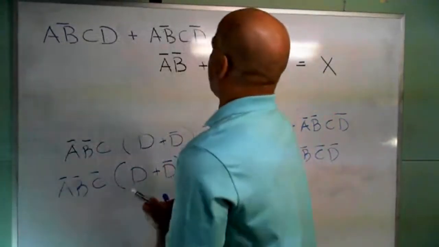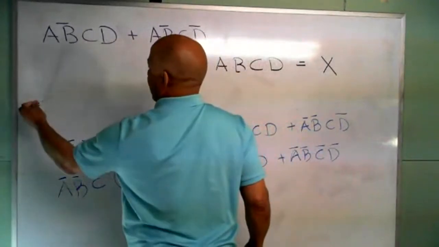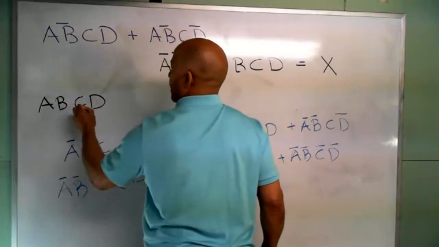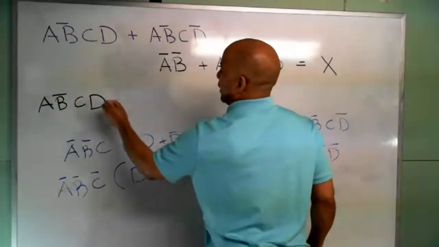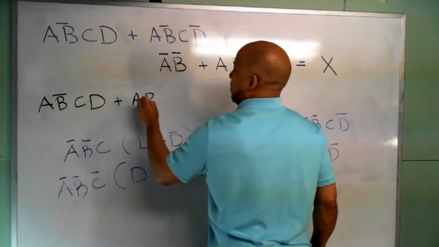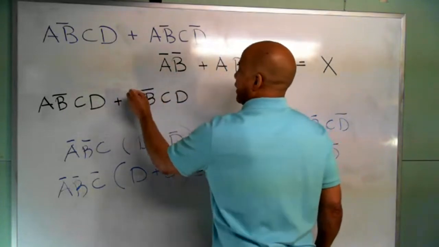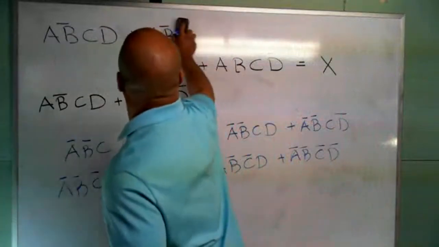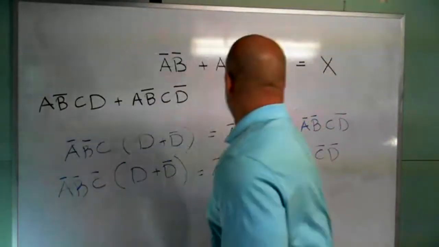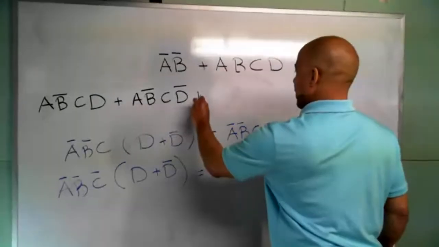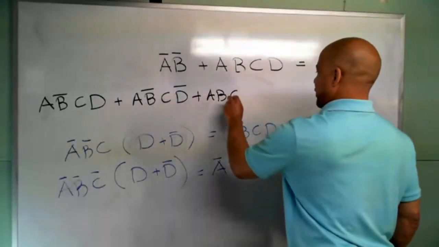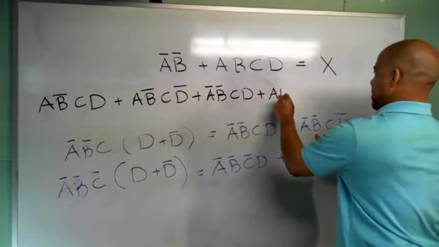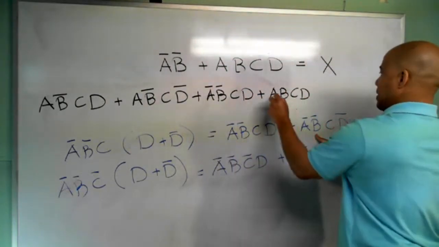So for my first expansion, I got this. I got A, B, C, D. This is not. From this, I got A, B, C, D. That's not and that's not. That takes care of the first one. And then from this one, I got A, B, C, D not, or A, B, C, D not.